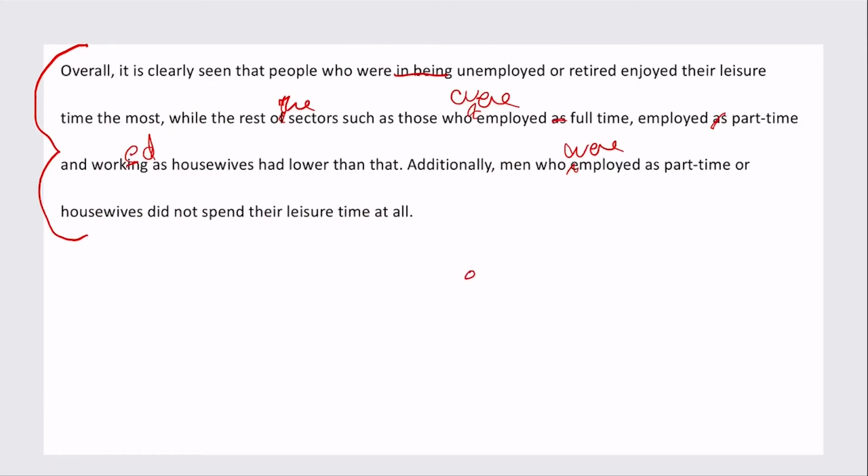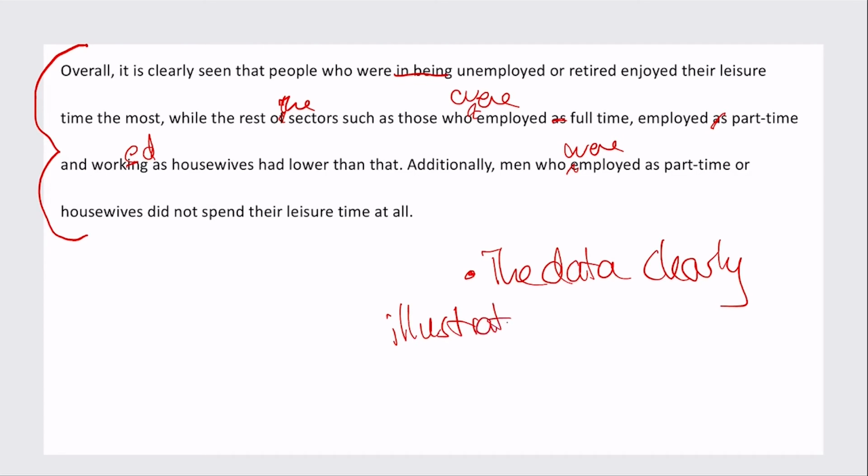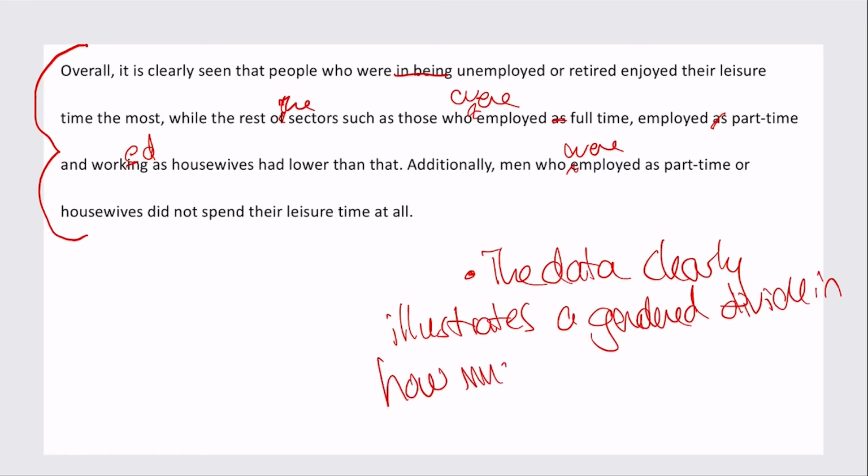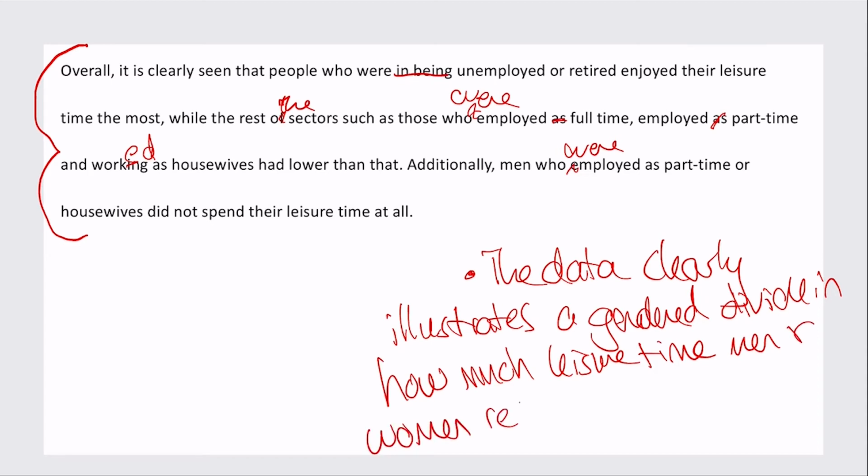So you would want to say something like, you know, the data clearly illustrates a gendered divide in how much leisure time men and women received in a typical week.